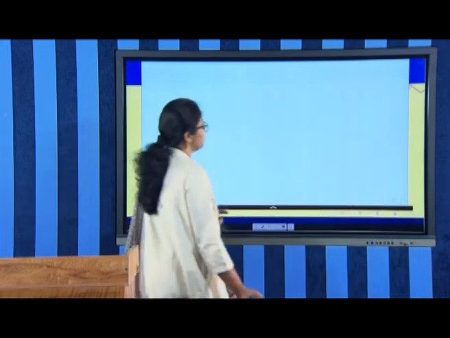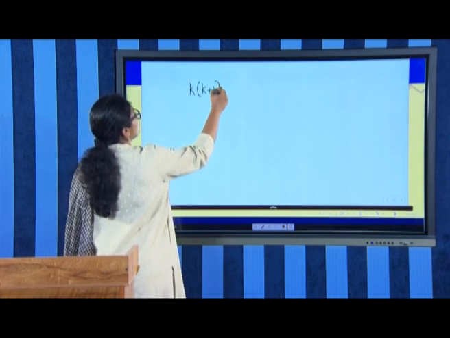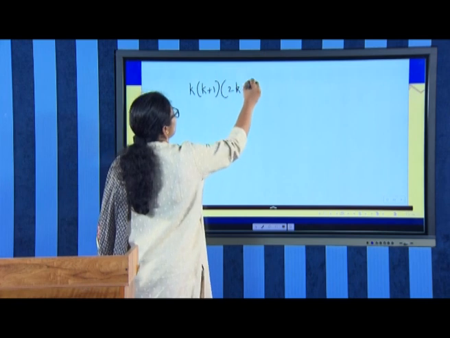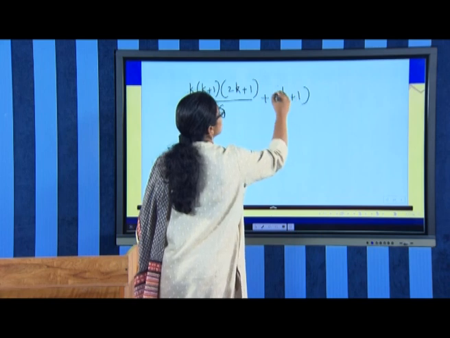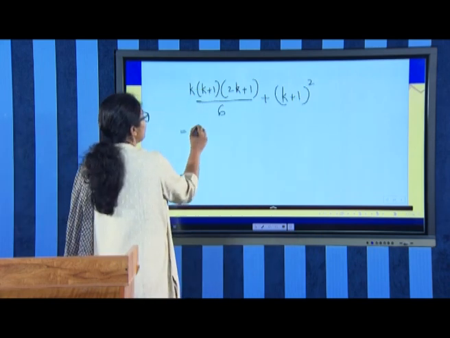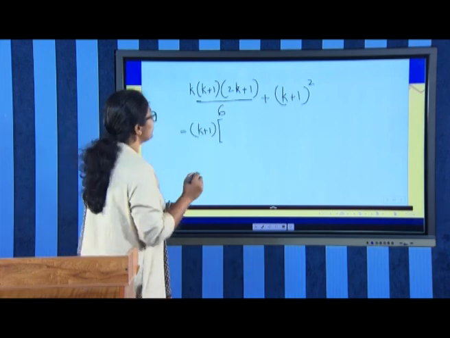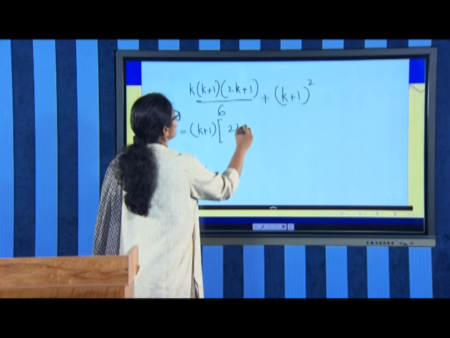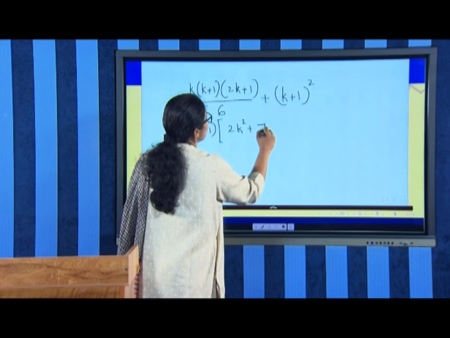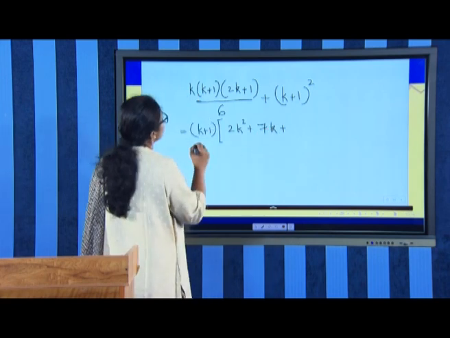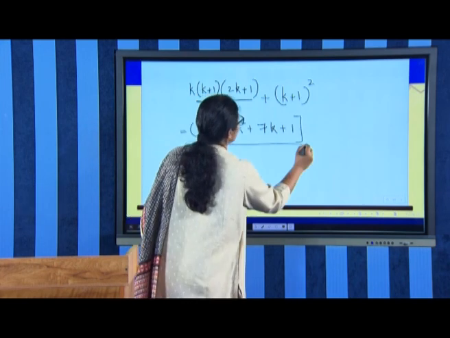And that on simplification gives k into k plus 1 into 2k plus 1 upon 6 plus k plus 1 the whole square is nothing but k plus 1 into, when you simplify you will get 2k square plus k plus 6k, that means 7k plus 1 whole divided by 6.